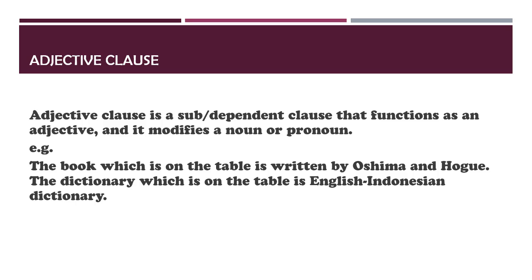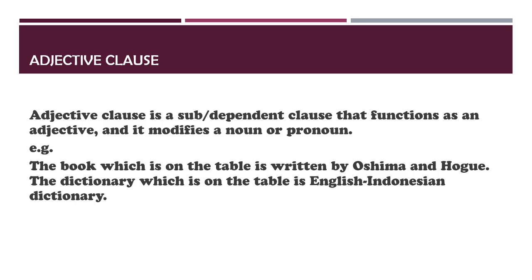An adjective clause is a subclause that of course needs a main clause. Like in the first example, the book which is on the table is written by Oshima and Hoke. The book is written by Oshima and Hoke is a main clause.